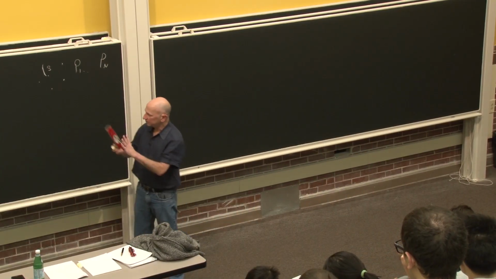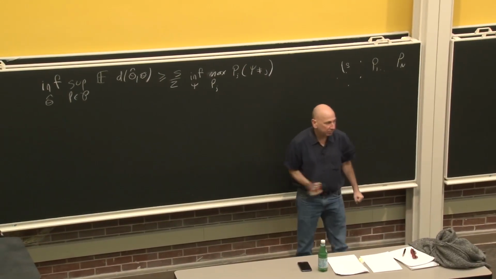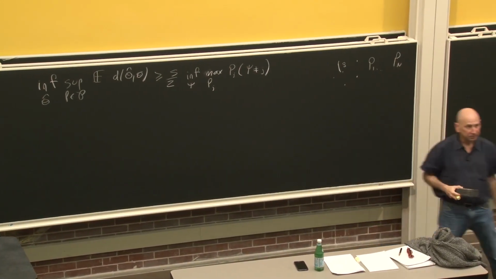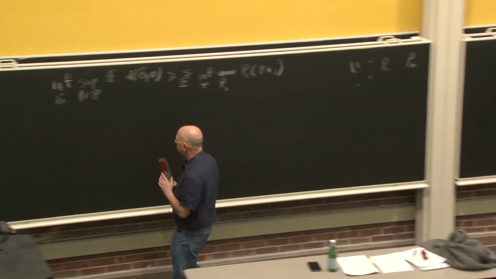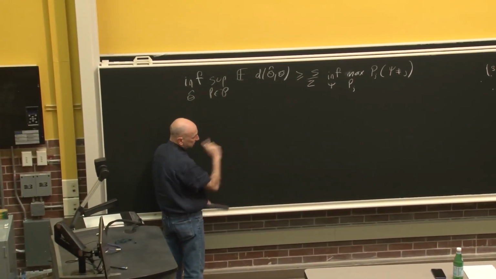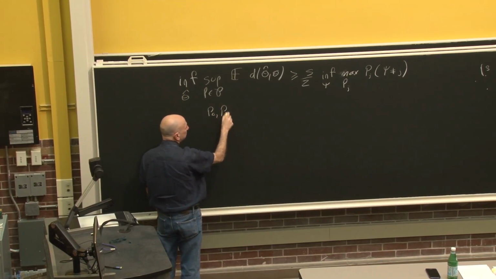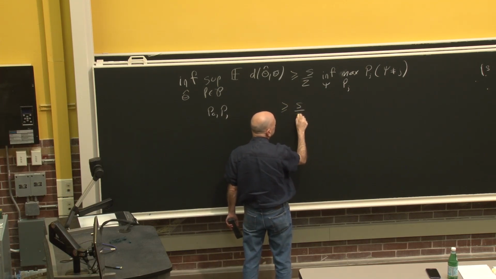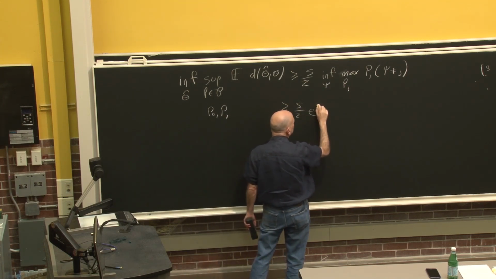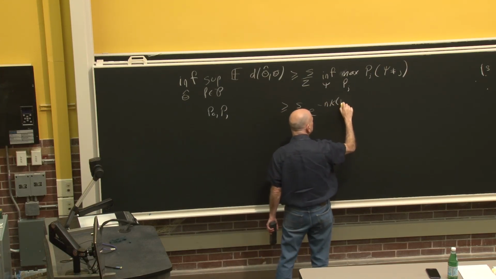Pick a finite set with some separation, and now we just have to find the maximum error probability of a selector. And last time what we did was Le Cam's lemma, which is just this theorem restricted to the case where there were two distributions, which led to the bound times the Kullback-Leibler distance.